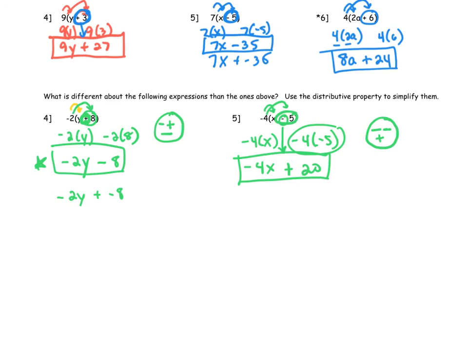So my best advice when you try this practice round is to please pay close attention to the signs, and your calculator is your friend. If you have it, use it. So what I'd like you to do now is turn to page 34 in your packet. Page 34 has expressions on top and answers on the bottom.